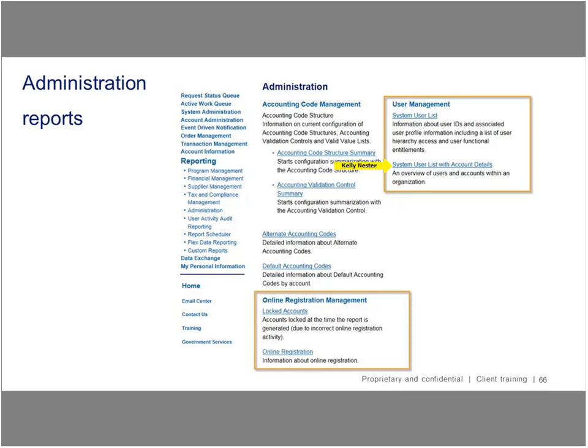You can either do that for them by going in and adding the account on their user profile, or they can go to the My Personal Information section and there's a Manage Account Access link, and they would be able to add that account themselves.